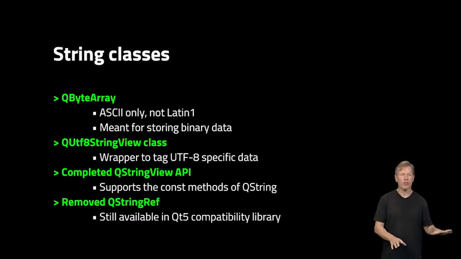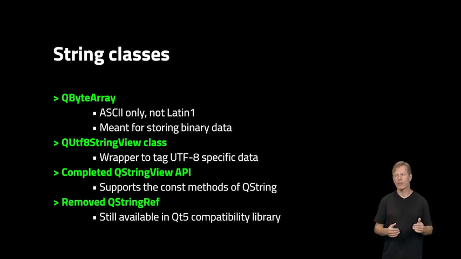We have a QUtf8StringView class introduced as a wrapper to tag 8-bit string data as UTF-8. We've completed the QStringView API so that you can use all the const, non-modifying QString API also simply as a view onto data. And we've added view APIs for QByteArray as well, so you have a QByteArrayView.